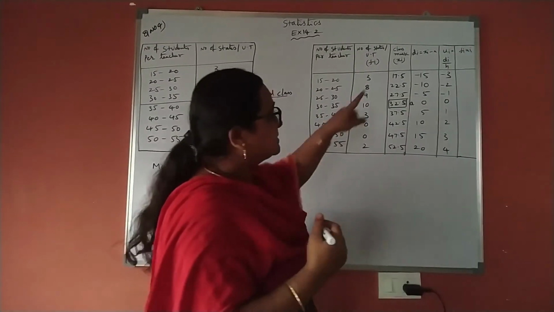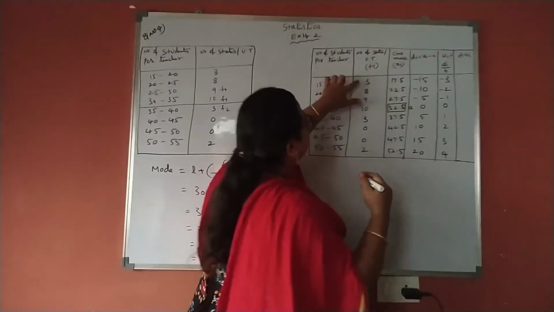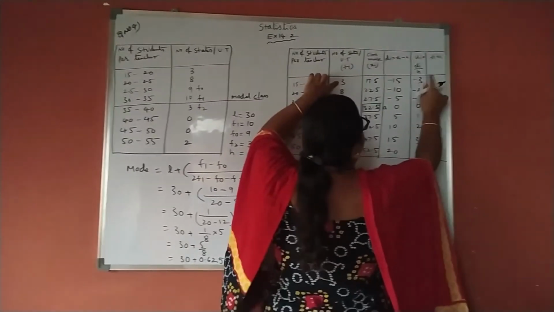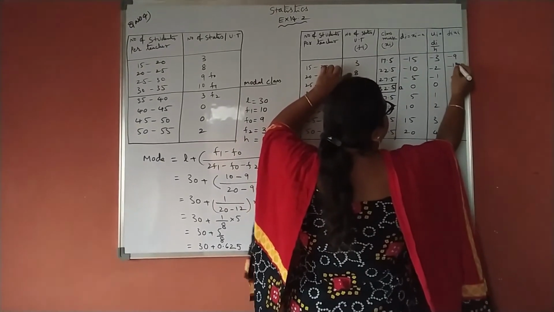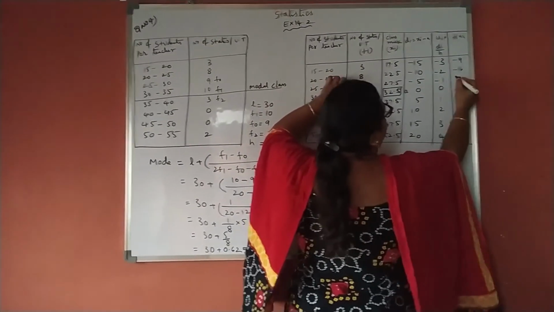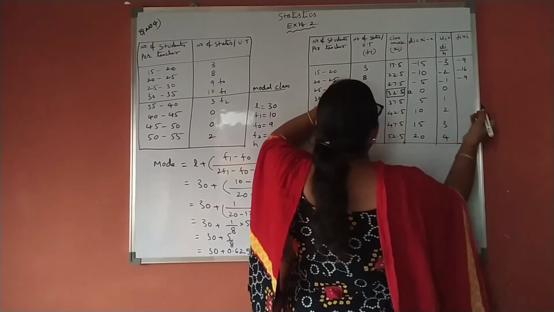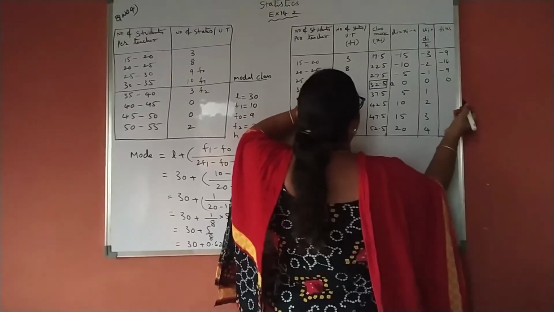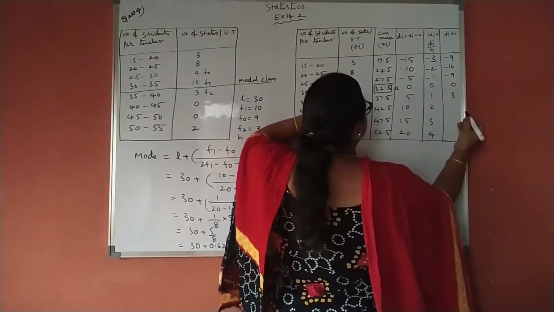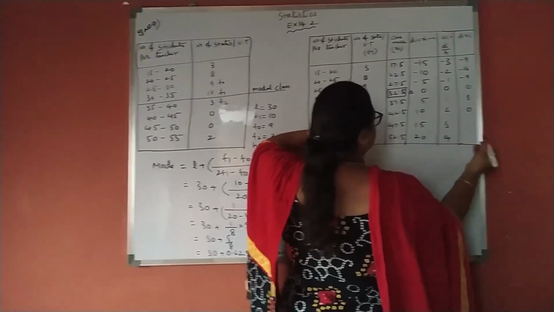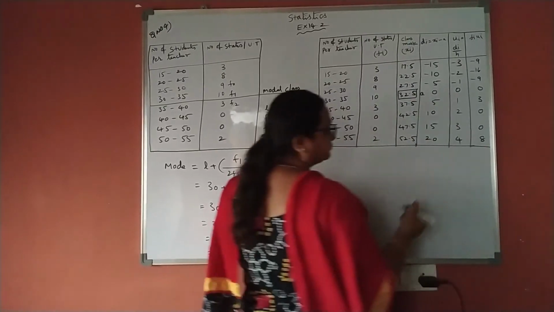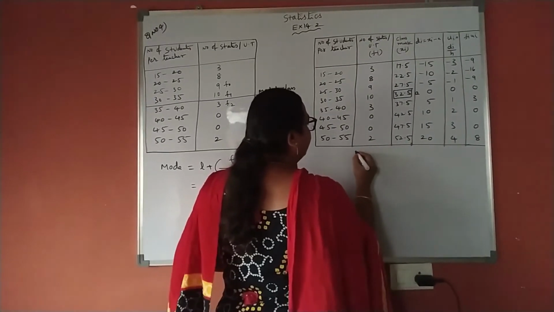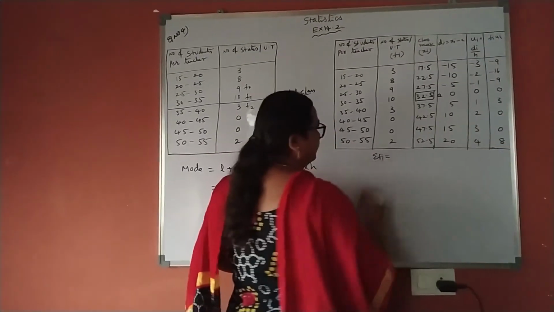Now last column is Fi UI. 3 into minus 3, minus 9. 8 into minus 2, minus 16. 9 into minus 1, minus 9. 10 into 0, 0. 3 into 1, 3. 0 into 2, 0. 0 into 3, 0. 2 into 4, 8.